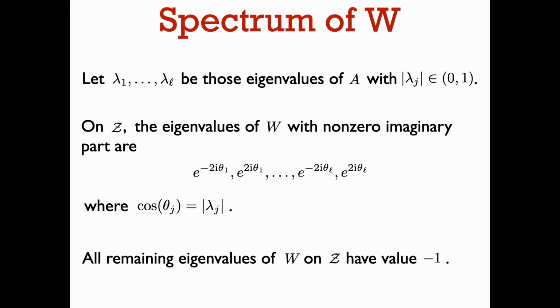All remaining eigenvalues of W corresponding to eigenvectors of W in Z have value minus 1. The high-level takeaway is that we have a very direct correspondence between the eigenvalues of A and those of the unitary W.